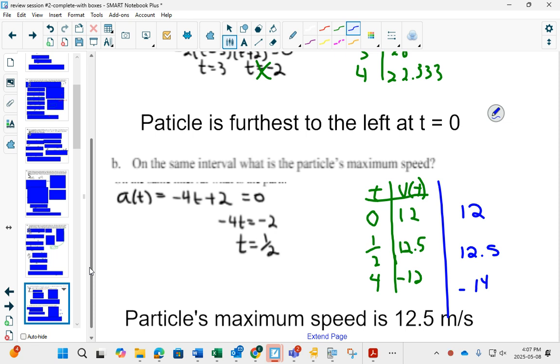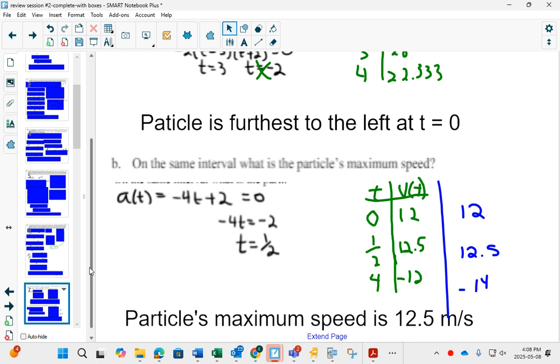Can you see yourself tempted to say the maximum speed is 12.5 again because it's the biggest number? But in this situation, what's the answer? The 14, right? Because speed is the absolute value of velocity. You see the minus 14 and you go, oh, that's really small, but it's actually a speed of 14. We have to be careful with that. So I just wanted to point that out.